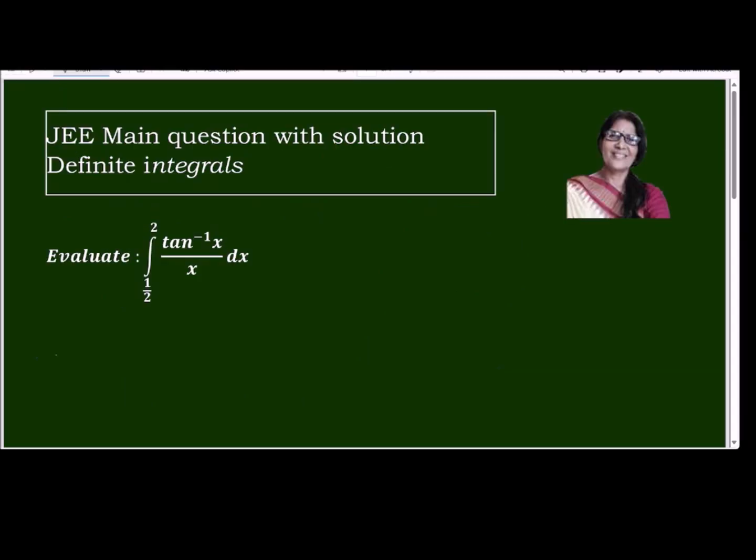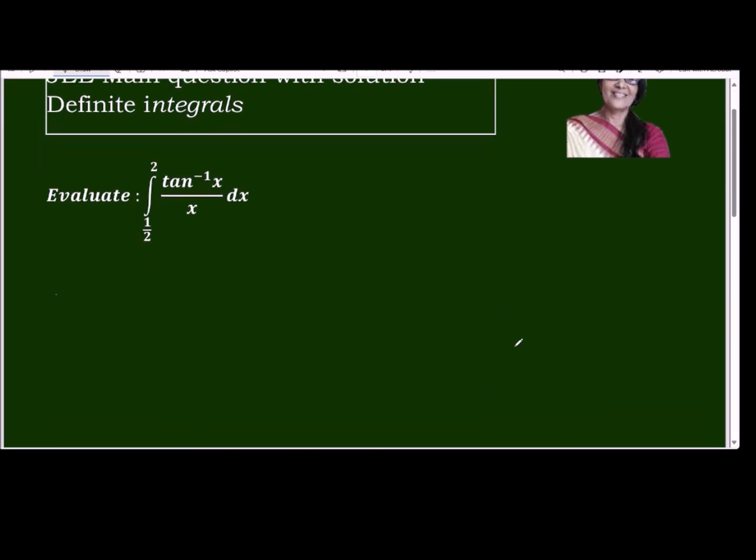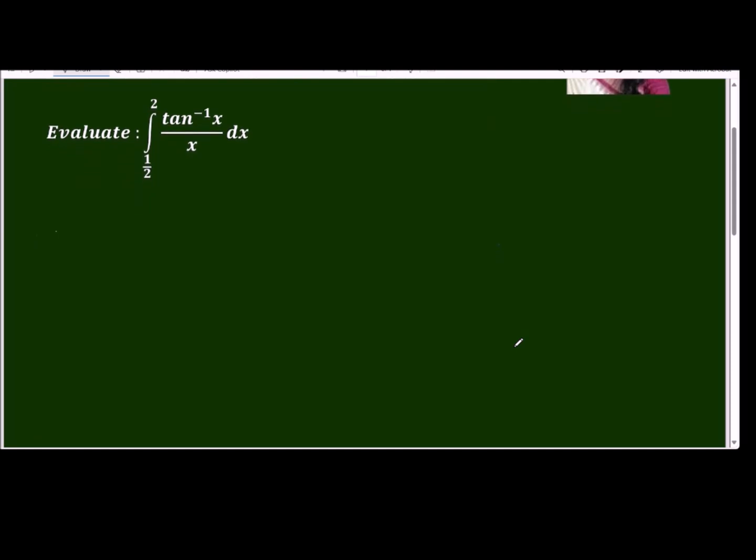Integrate tan inverse x over x with respect to x from half to 2. So here many properties are involved. So let us go step by step. We'll take x equals 1 over t. Then tan inverse x will be tan inverse 1 by t.